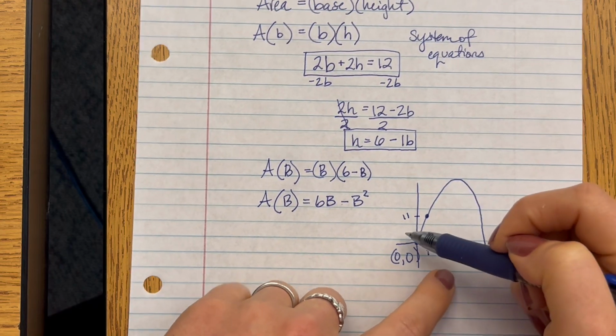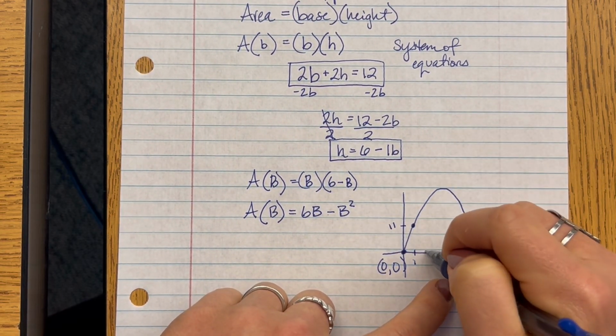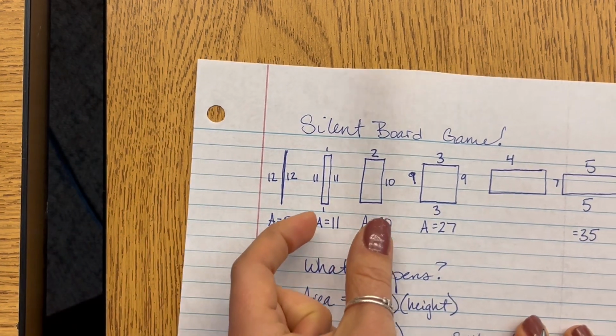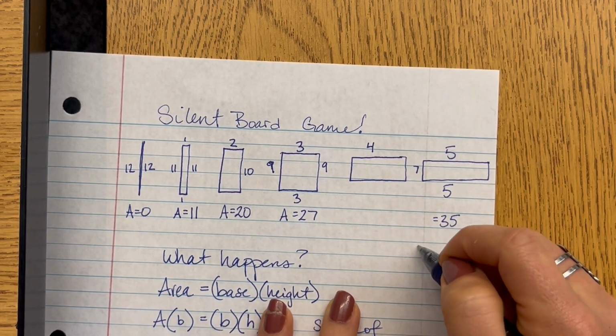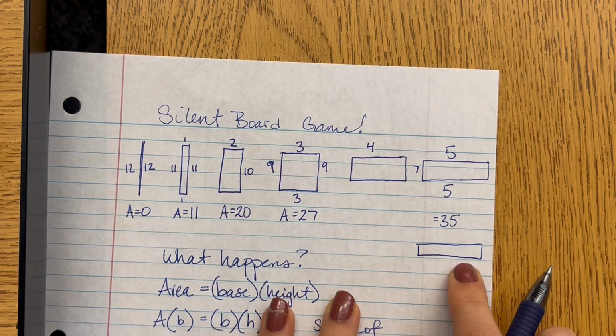Now maybe I made this a little bit too high. But what happens, tracking this over time, is that as the base gets bigger, the area gets bigger, but then suddenly over here, the more I make my base, the thinner and thinner, and then my area goes back down again.